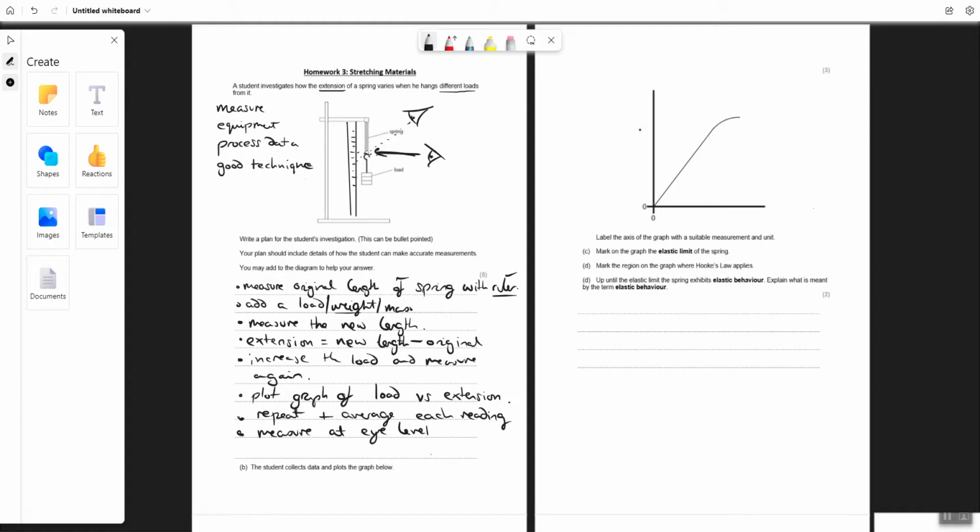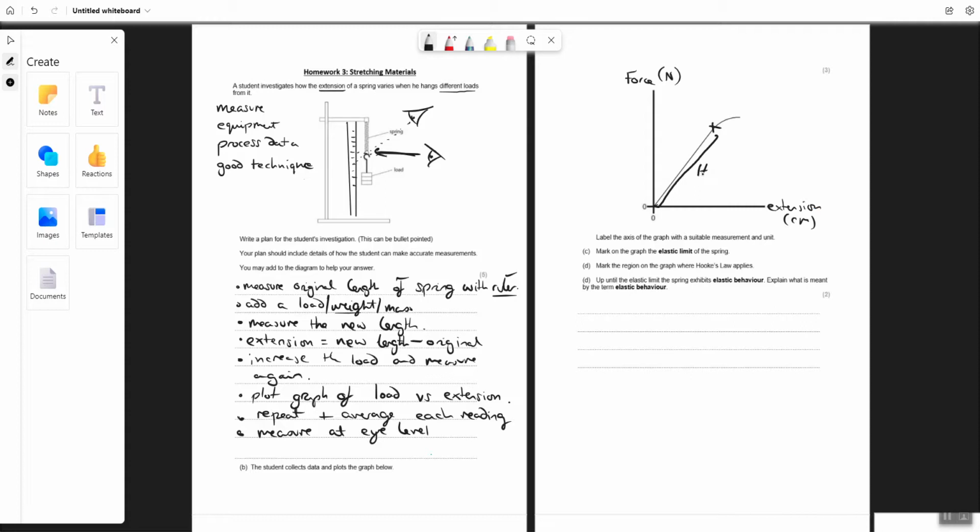Right, got a plot. This is our data. Label the axes with a measurement and unit. This is the force or the load, which is in newtons. This is the extension, which is in centimeters. Mark the elastic limit of the spring. It is where it stops being a straight line. Mark the region where Hooke's law applies. It's this bit here.